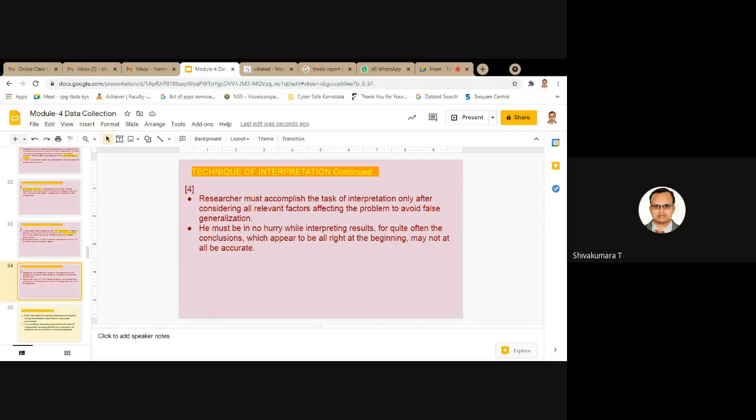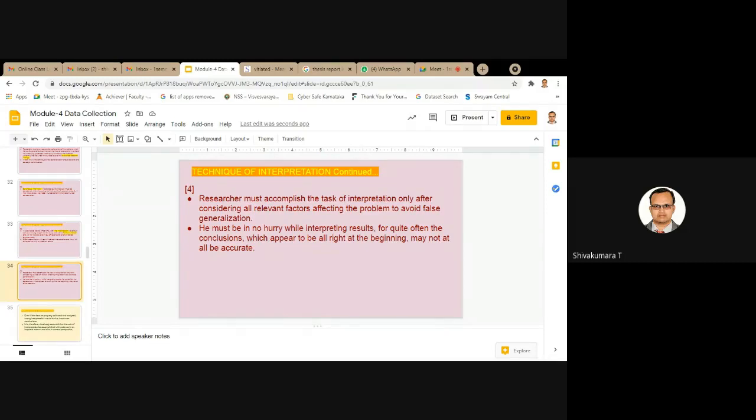If you miss out any of the parameters, variables you identified, any of the confounded relationships, such kind of things, you are going to give a false generalization. You cannot come up with the conclusion of the generalization stage, right?